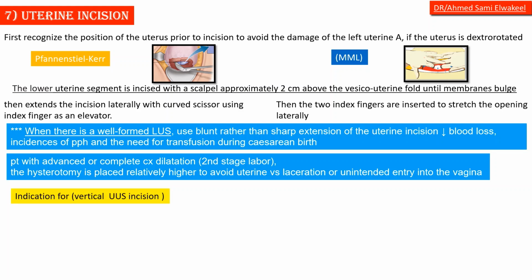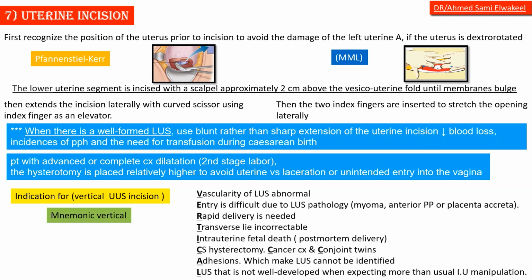Indication for vertical upper uterine segment incision, mnemonic VERTICAL: V for vascularity of the lower uterine segment, if the vascularity is abnormal. E for entry, if entry is difficult due to lower uterine segment pathology like myoma or placenta accreta. R if we need rapid delivery.